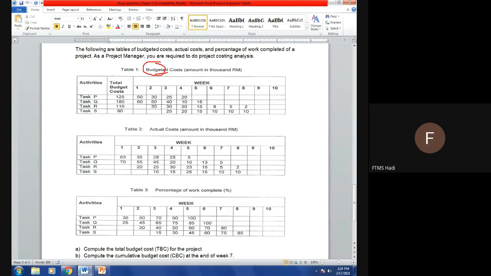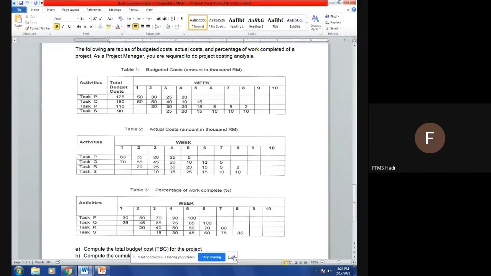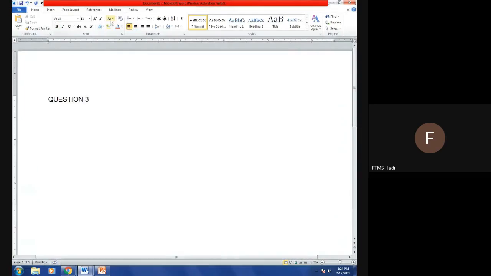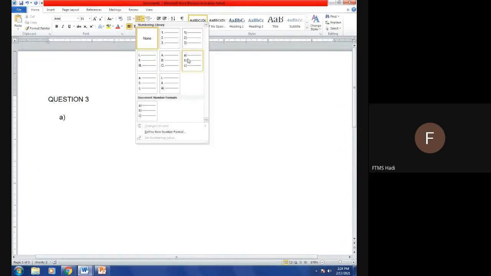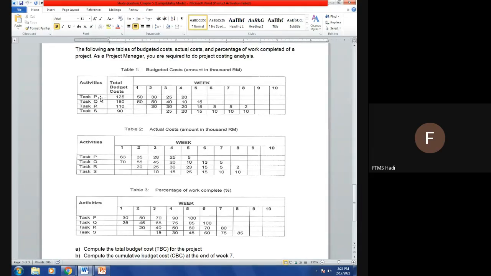So question A is TBC. For TBC, you need to add everything, that means all activities: task P, task Q, task R, and task S.